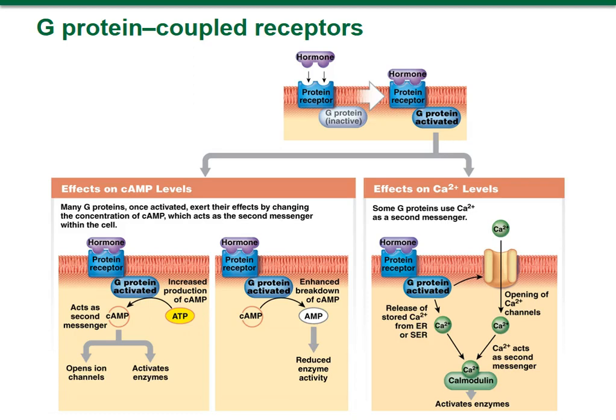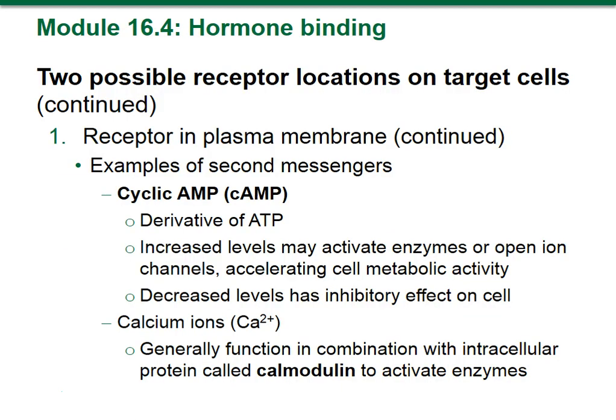Or, in the second case, it reduces enzyme activity. Or, in this third example, it has effects on calcium levels. It can actually open calcium channels to bring in more calcium, which then activates enzymes. Or it activates the G protein that releases a lot of stored calcium and then binds to another chemical called calmodulin, which also activates enzymes. So again, in both places, we have the hormone bind to a receptor on the plasma membrane, causing something to change inside the cell.